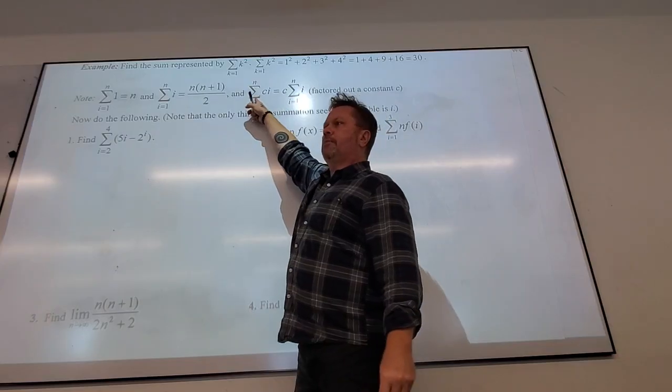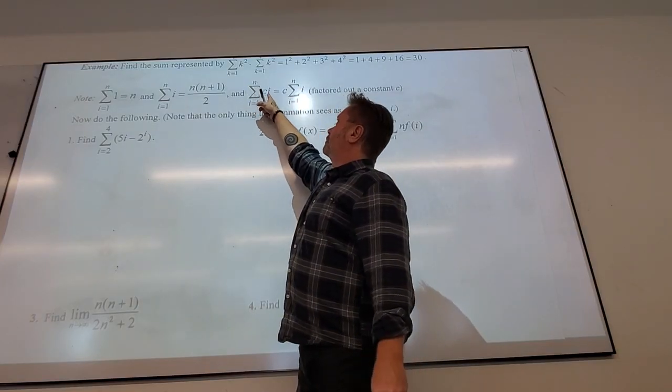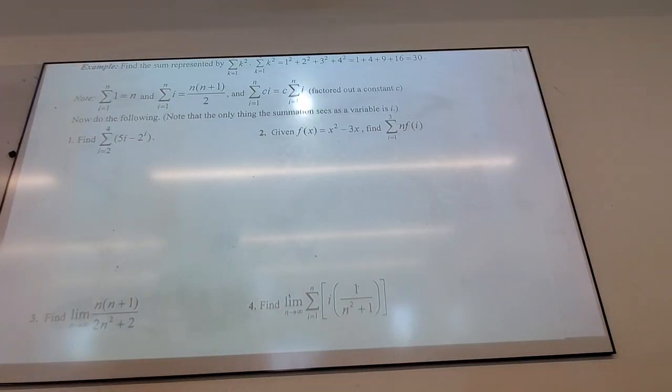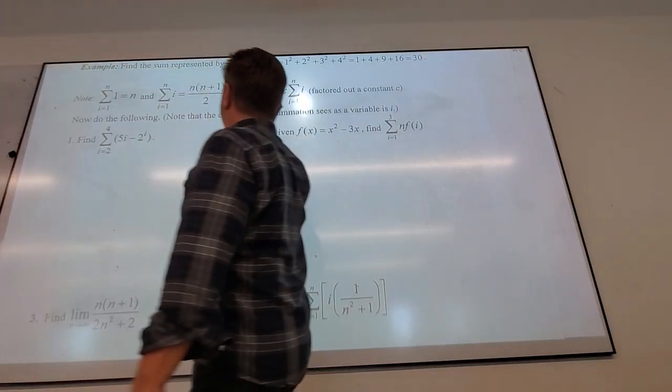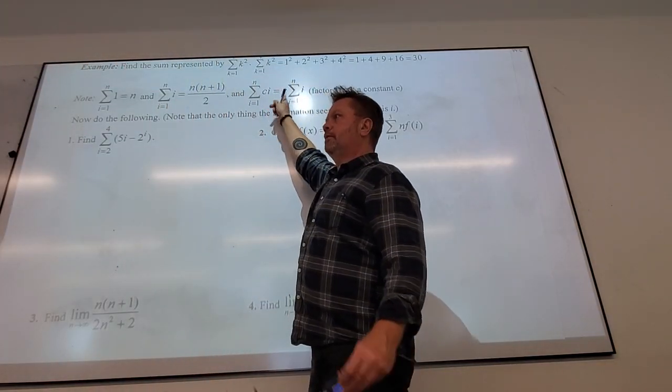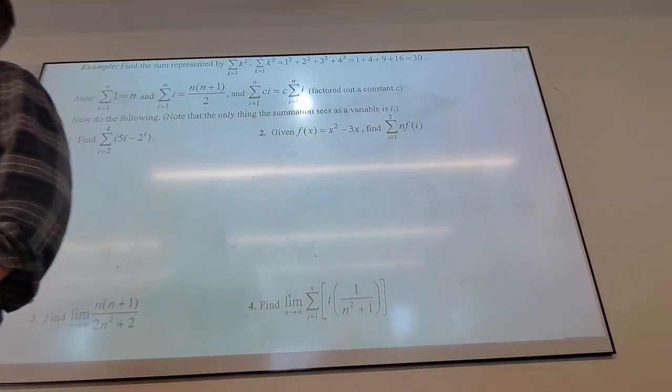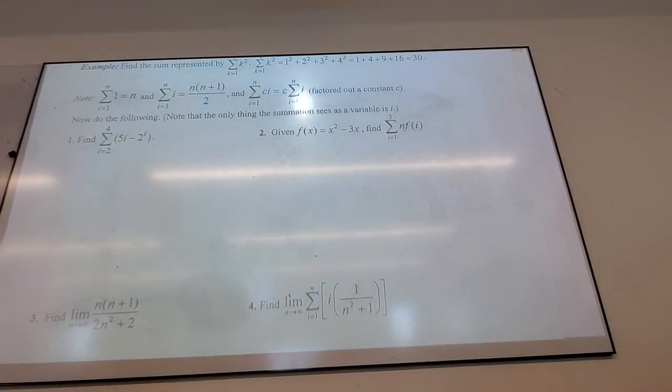Isn't this c times 1 plus c times 2 plus c times 3 plus and so on? Can't I factor a c out? Isn't that just what that says? Factor the c out? That's all it is. So a constant can go in and come out. You guys with me? Do you see how I slowed down when I said that? It was very important then.